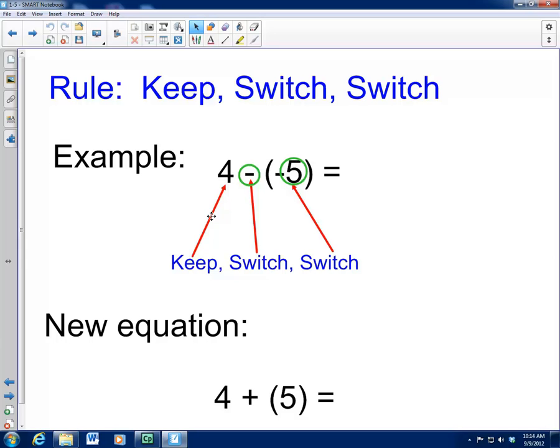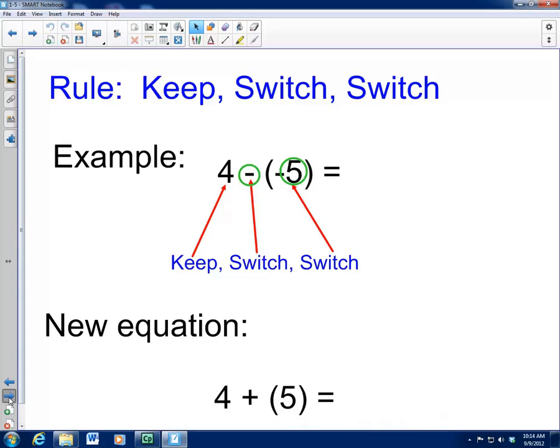We're going to switch that minus sign to its opposite, turn it into a plus, and then we're going to switch that number right behind it to its opposite. That's our rule, keep, switch, switch. Anytime you see a minus problem that involves integers, negative numbers, we're going to do keep, switch, switch, which gives us this right here.